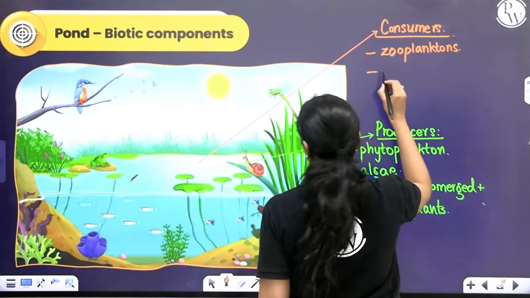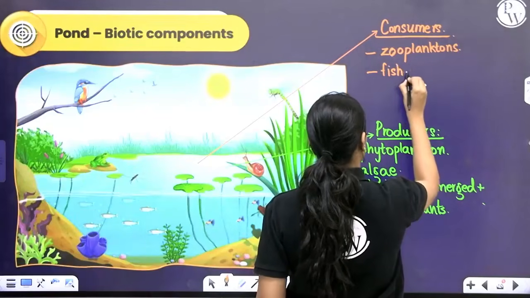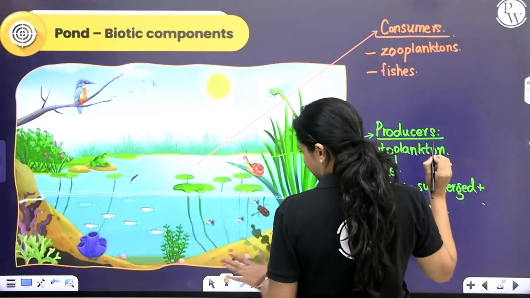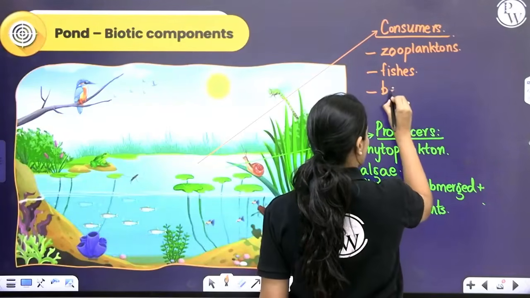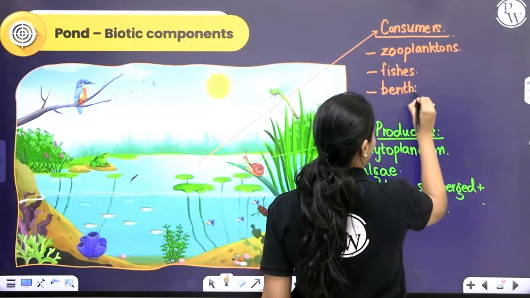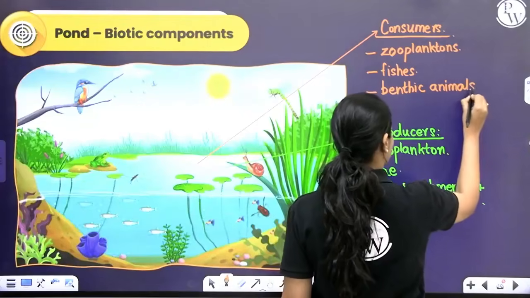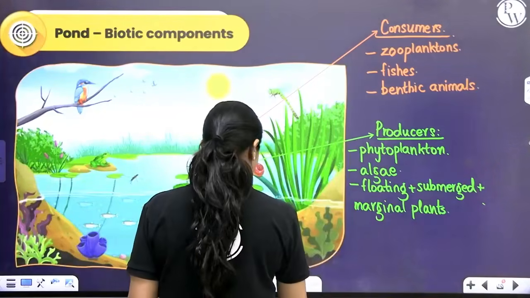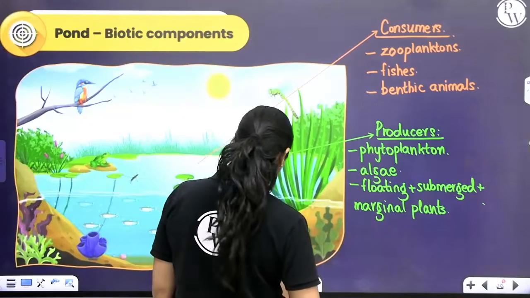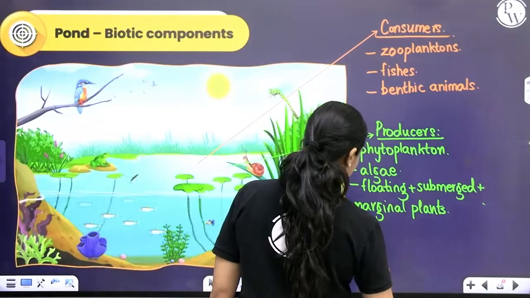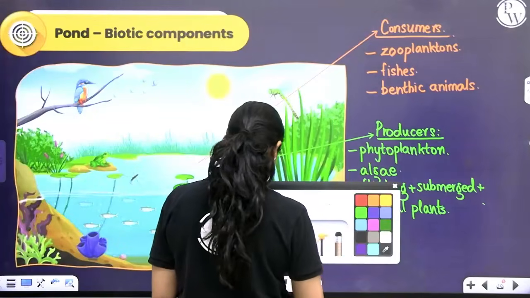You will have certain fishes. There are animals that can grow at the bottom of the water body. We call them benthic forms. So there will be certain benthic animals at the bottom of the water body. And then we have decomposers.